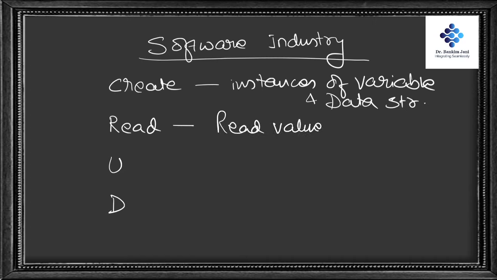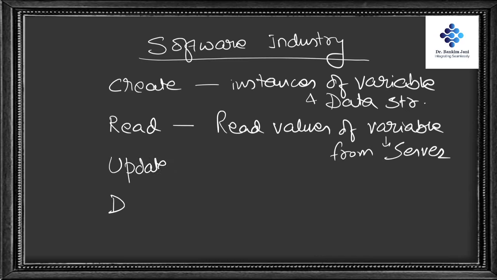Read values of these variables, and from where will we read? Obviously from the server, right? So the server would be giving us those values. Update means if given write access, then we change the value.